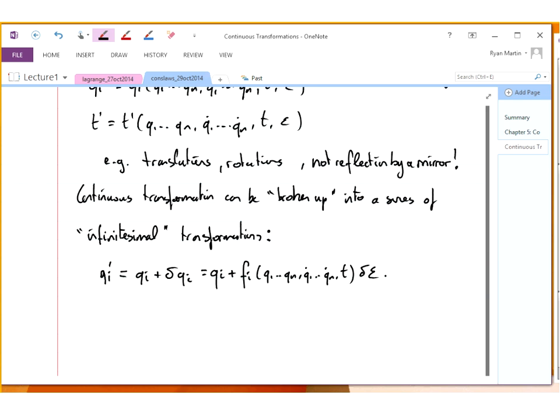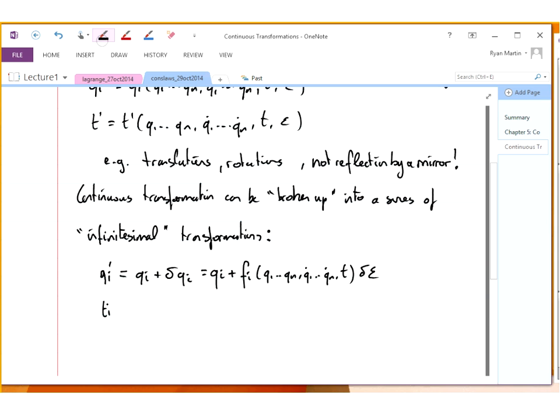Okay? I can parameterize any infinitesimal transformation this way. It depends on delta epsilon, and it changes Qi by an infinitesimal amount.